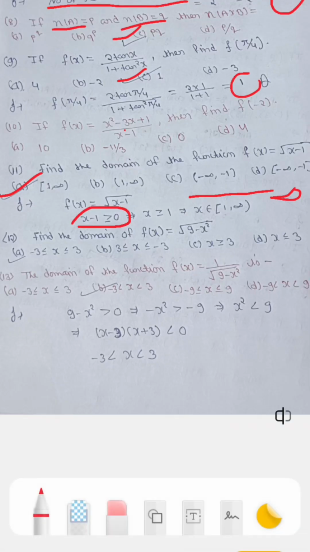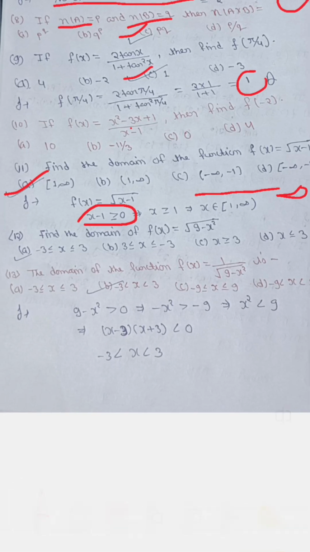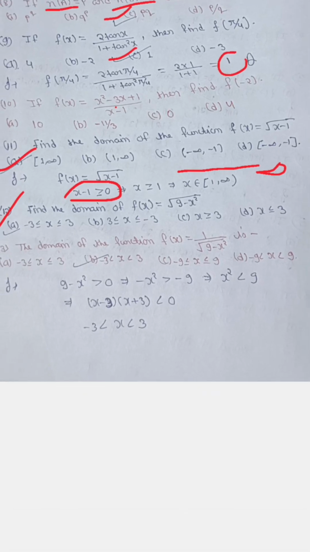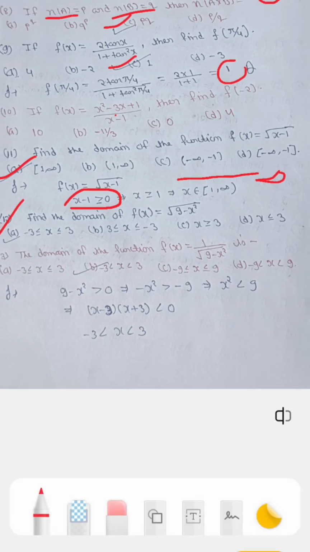Find the domain of f(x) equal to 1 by root under 9 minus x square. Solve on your own. The domain of the function f(x) equal to 1 by root of 9 minus x square is, how to find it: in the denominator, if the expression is under a root, we take 9 minus x square only greater than 0.